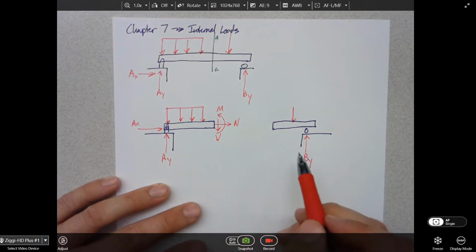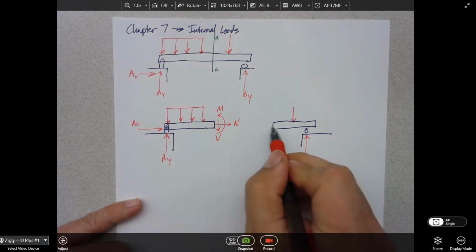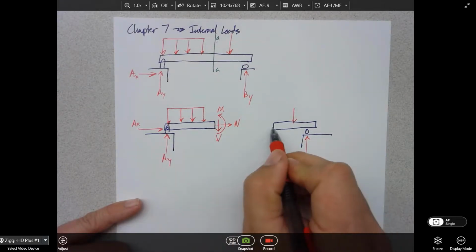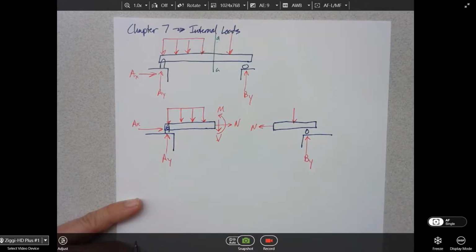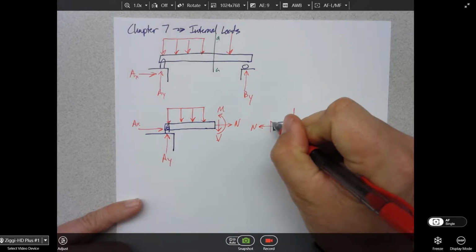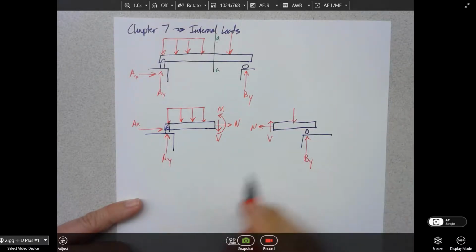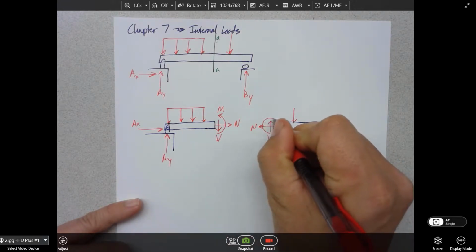And then, in order for this to be in equilibrium, the forces at the cut face have to be equal and opposite from how I drew them on the other side. Normal still comes out of the cut and is horizontal. Shear has to be equal and opposite to this V, so that means it has to be up. And the moment has to be equal and opposite to this moment, so that means it curls this way.